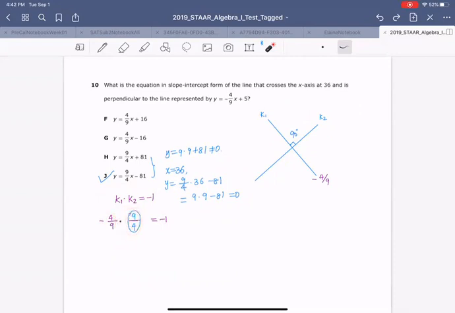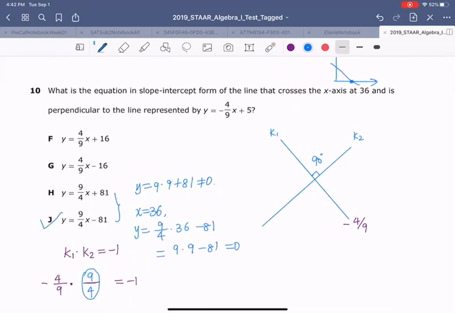This is just one condition. The other condition is that the line crosses the x-axis at 36. That means if your x equals 36, your y is 0.